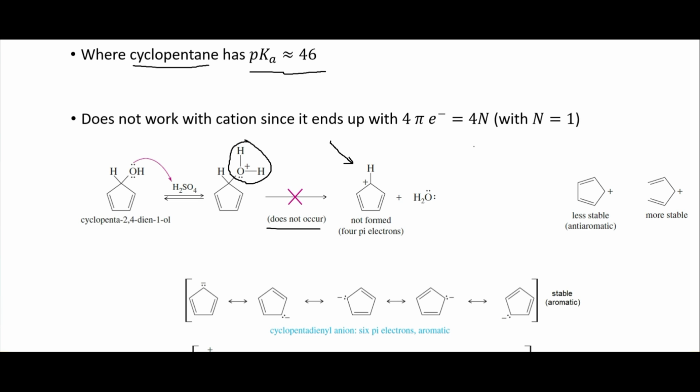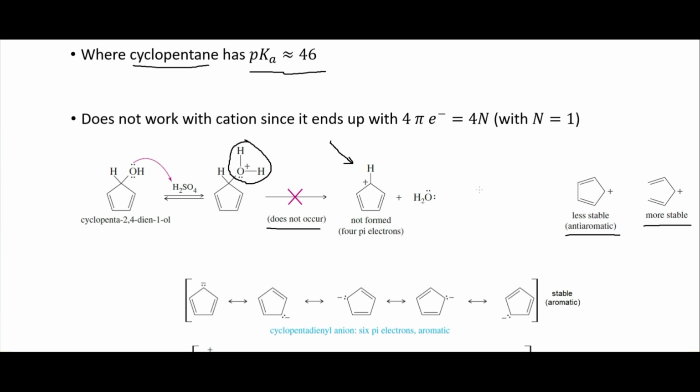So the anti-aromatic version is going to be even more unstable, so it's going to be even less likely for that water to leave. And for this one, we see that the ring version is actually less stable than the linear version. So again, that's just another way that we know that this is aromatic.